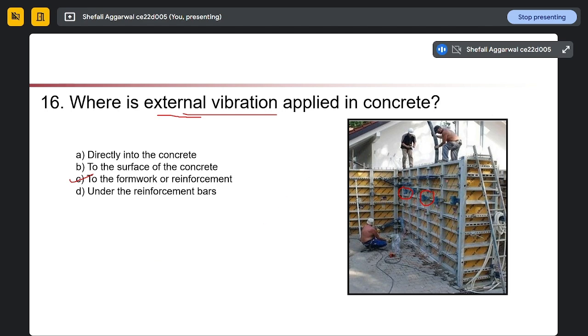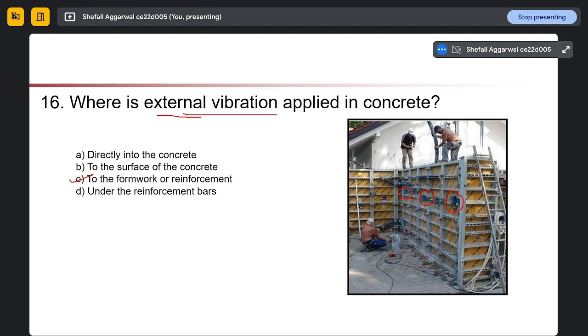If we talk about composition, what we are actually doing is increasing the alite concentration, right? C3S is called alite. So we are increasing the alite concentration.